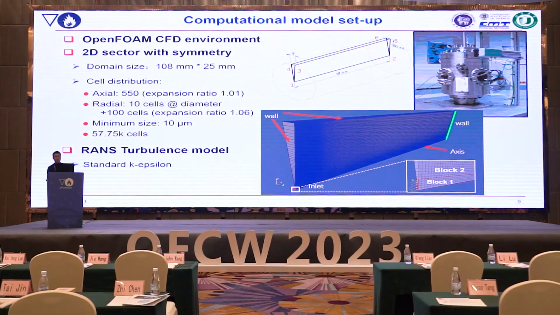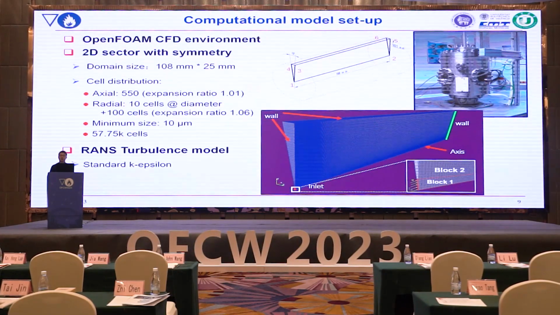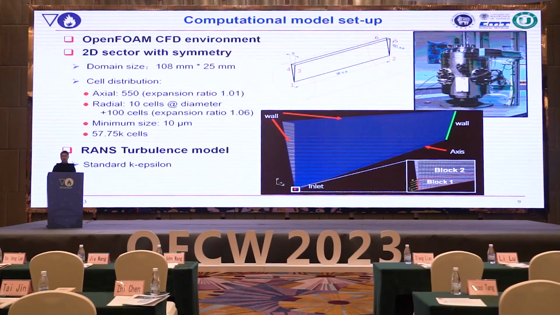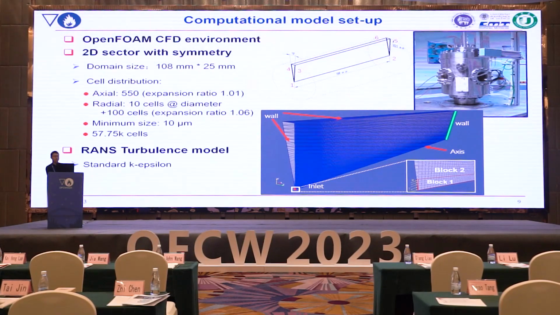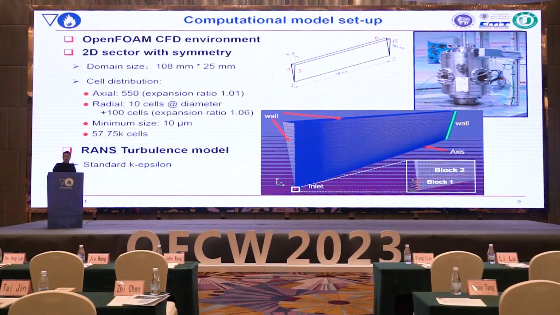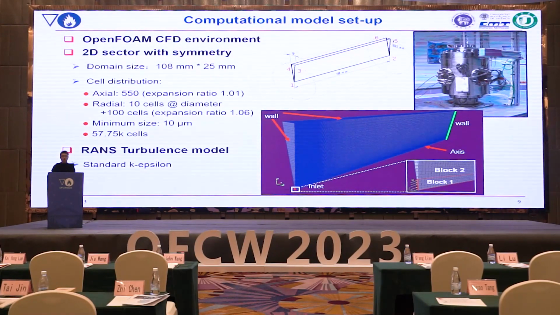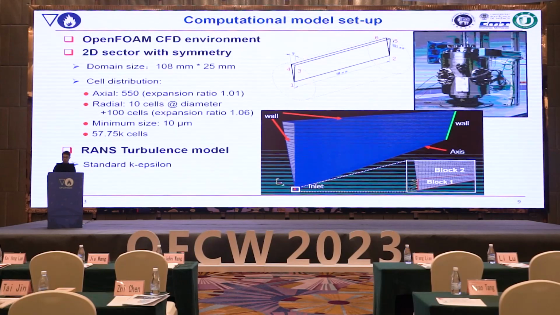And we have 2 blocks in the radial direction. One is for the injector nozzle, with 10 cells, and block 2 has 100 cells with an expansion ratio of 1.6. The minimum cell size for the domain is 10 micrometers, and we have 57,000 cells. We use the OpenFOAM CFD environment with the RANS combustion model.